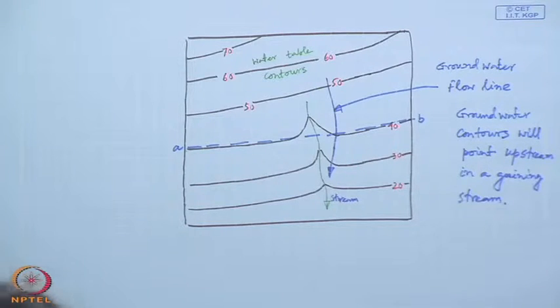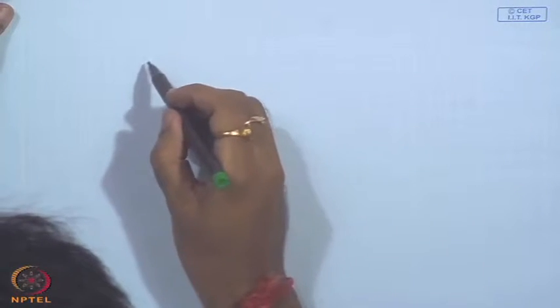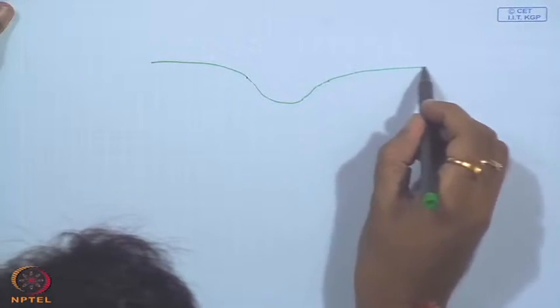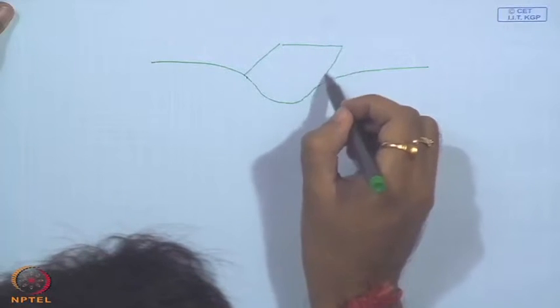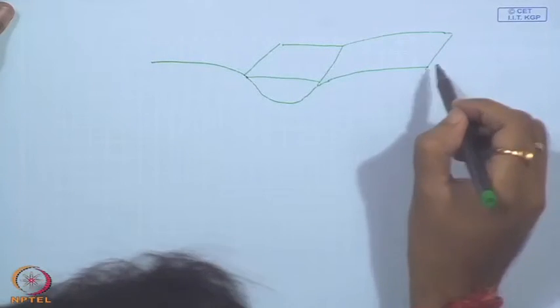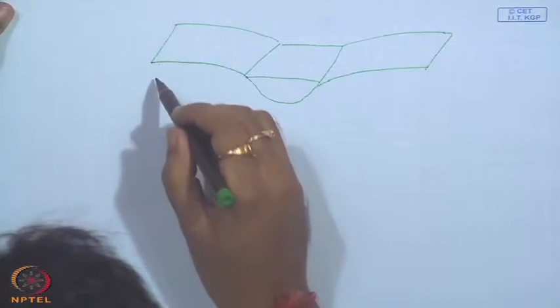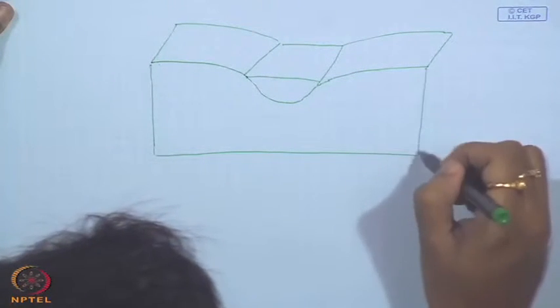Similarly, let us see the situation for a losing stream, where things are similar, but the only difference is the water level in our aquifer and stream.